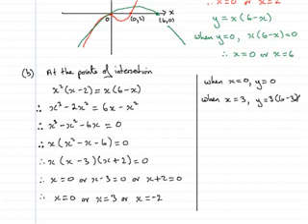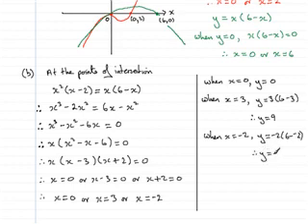Well, 6 minus 3 is 3, and 3 3s are 9, so therefore we have y equaling 9. And finally, when x equals minus 2, and we put that into the green graph, we get that y equals the x value, which is minus 2, times 6 minus minus 2. Well, 6 minus minus 2 is 8, and 8 times minus 2 is minus 16, so therefore y equals minus 16.